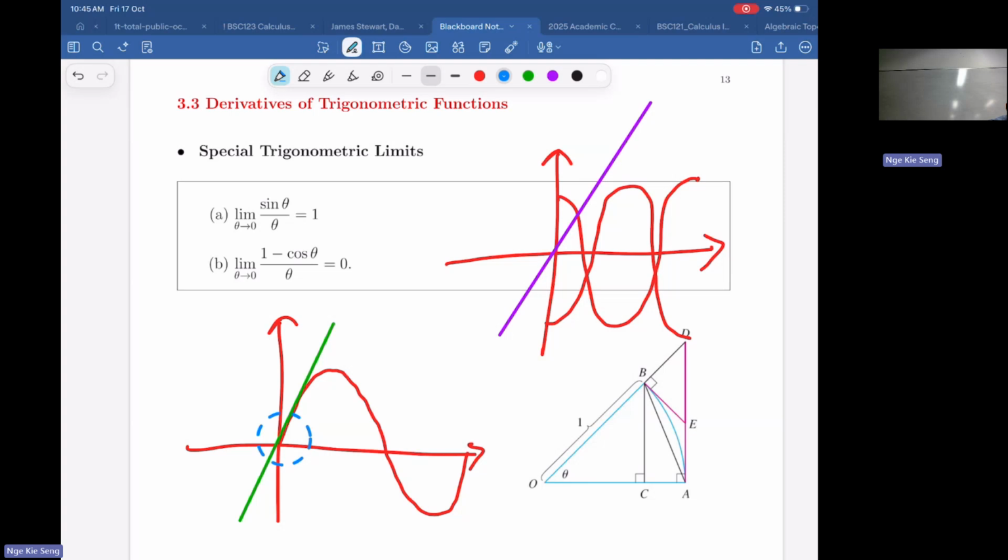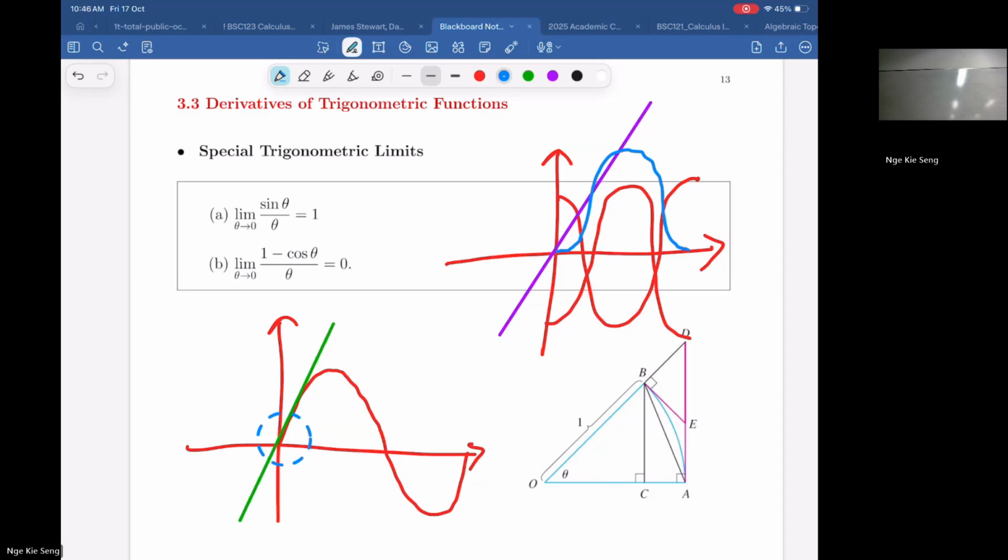What happened at 0? Actually, like this. So what does it mean? 0 over 0 is usually undefined, right? I don't know which one goes faster. But in this case, the numerator should go faster than the bottom, so that it can suppress the denominator. You understand what I say?